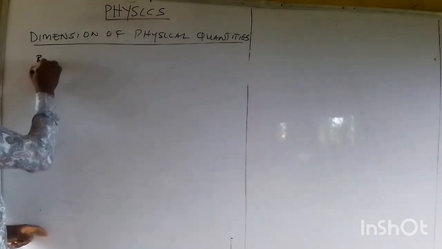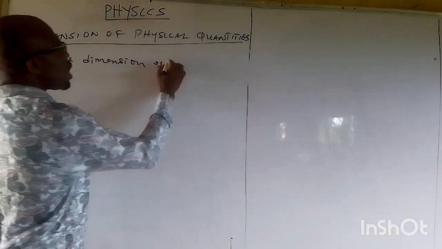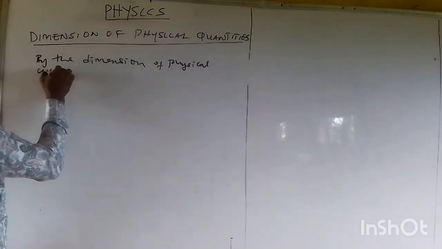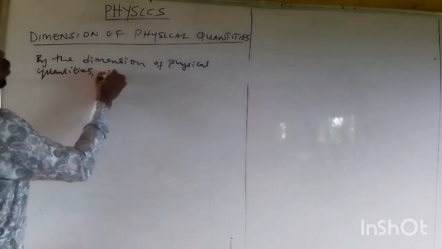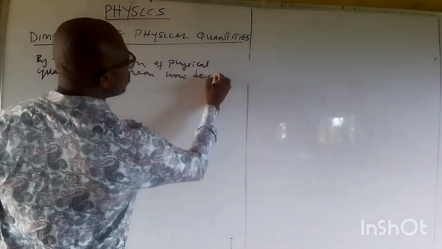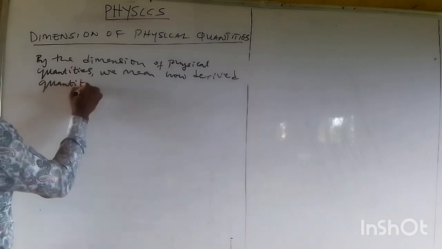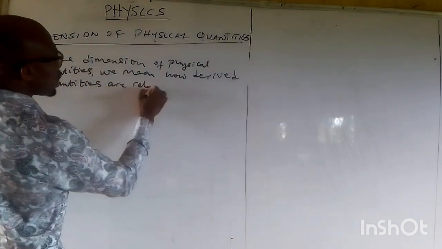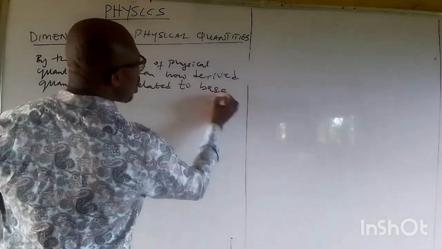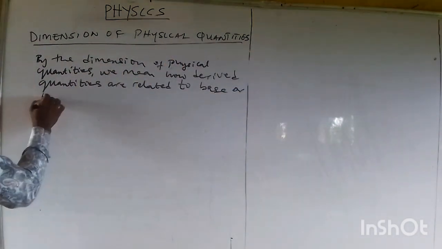So, by the dimension of physical quantities, we mean how derived quantities are related to base, or either we can call them basic or fundamental quantities.